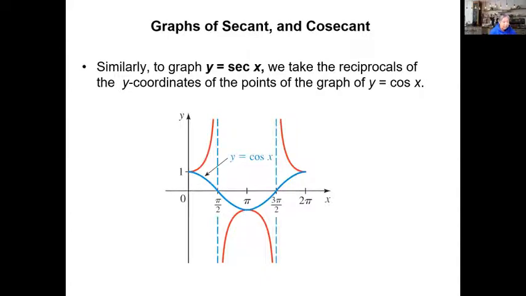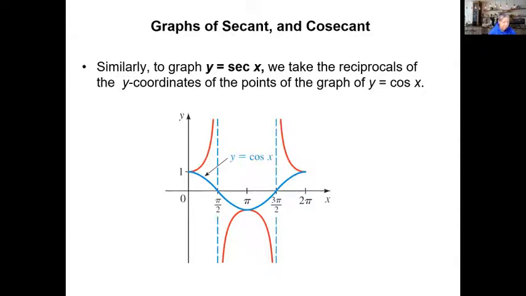That's the first period that you can verify there. It's still a 2 pi period, but the red highlighted curve indicates how the secant graph goes. The positions are around where the cosine parent function is.